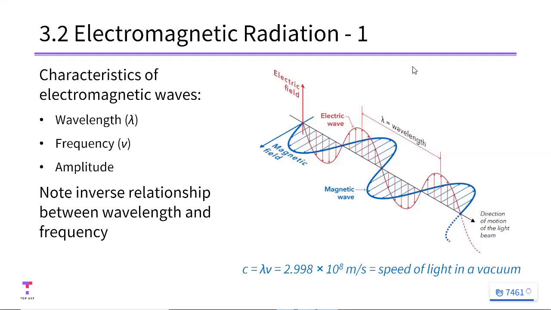And when it comes to waves, we can characterize waves by three things. The wavelength, which is abbreviated with the lowercase Greek letter lambda. The frequency, which is characterized by the lowercase Greek letter nu. So that is a Greek letter nu, not the letter V. V in the world of physics is velocity or speed.